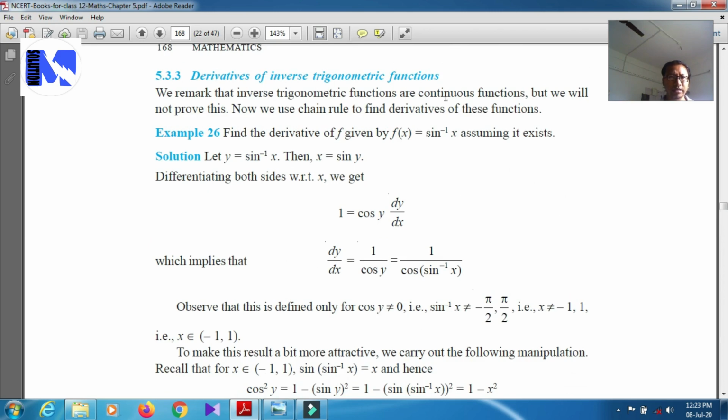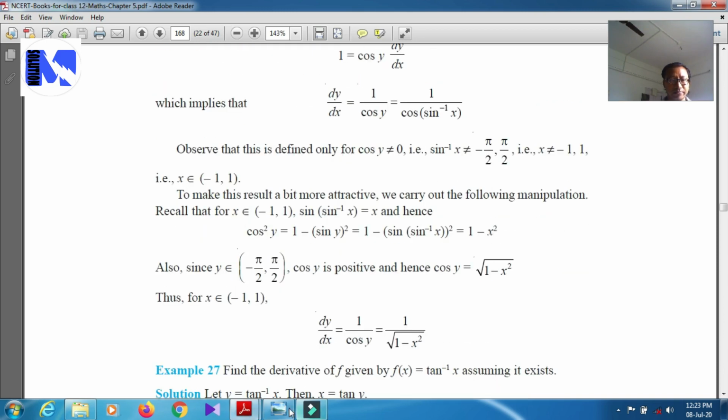Same like we have done in the differentiation for implicit functions, we have to differentiate both sides, or we can convert it by using the property which we have got in inverse trigonometric functions. The properties we can apply so that the given function becomes easier, and then we can solve it directly. Okay, you see question number 9.